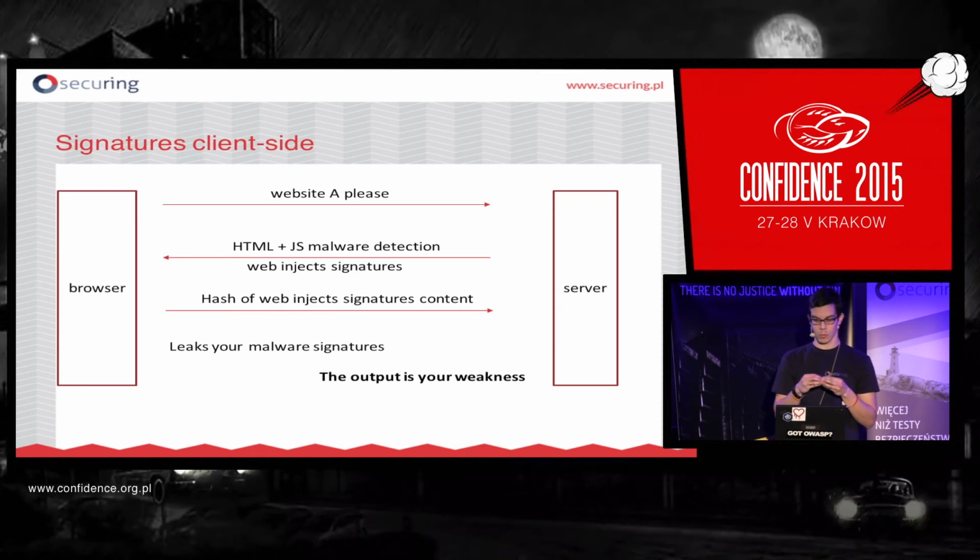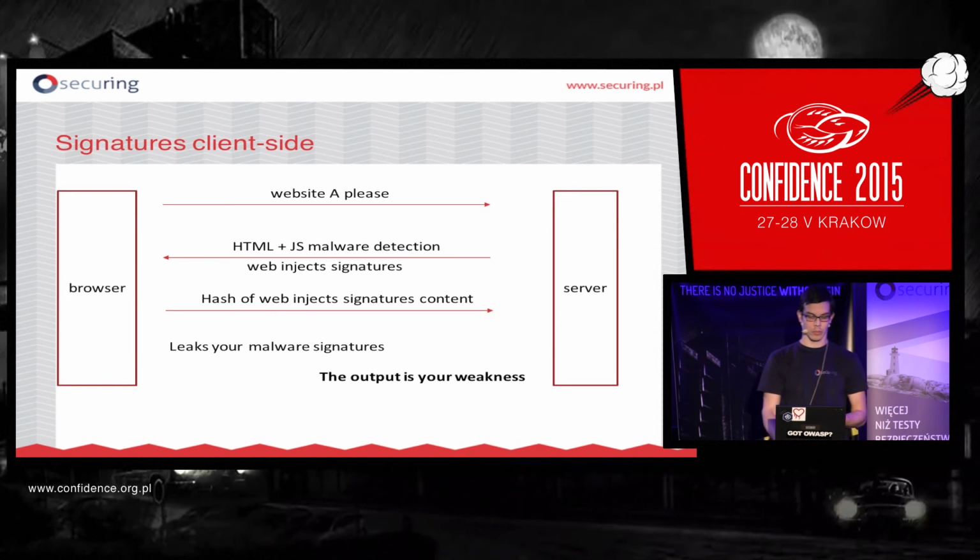What are signatures? They were constant strings and functions, and the JavaScript related to the signatures was looking for them in, for example, your window object: constant function names, variable names, and sometimes also the type of the object related to a given name was checked. Then the signatures were analyzed and the response was sent back to the server.